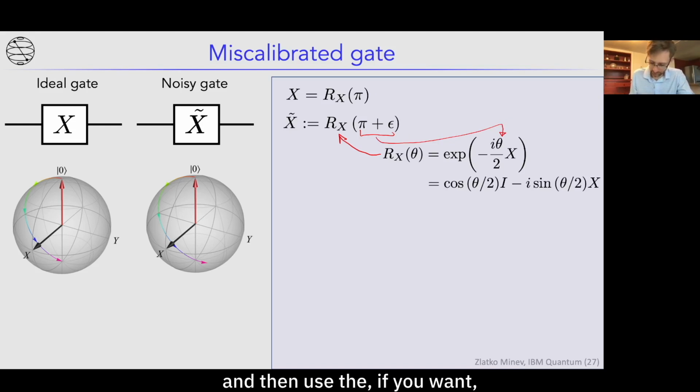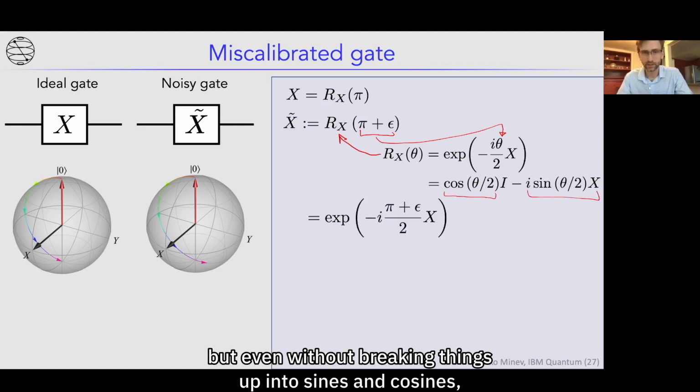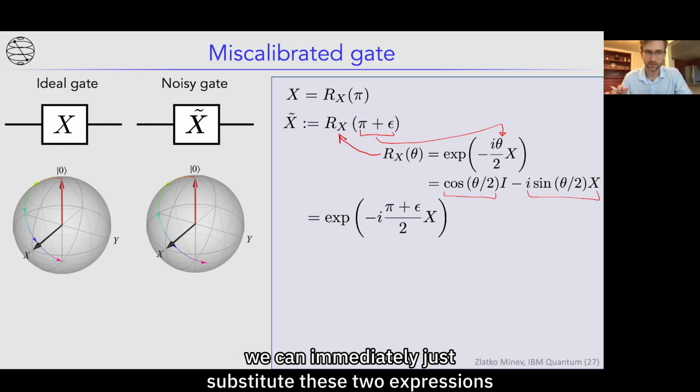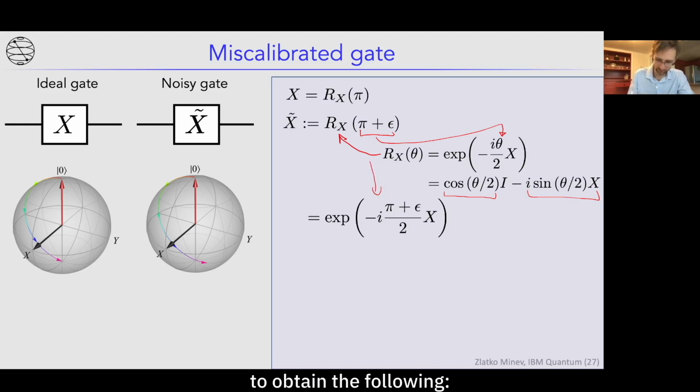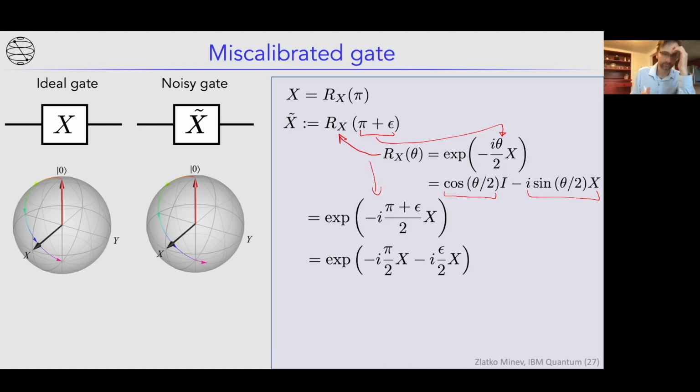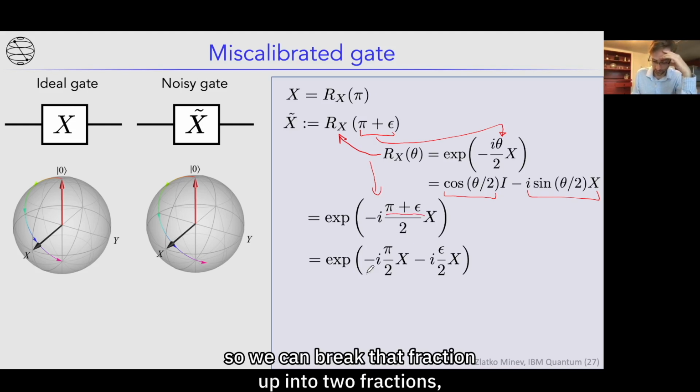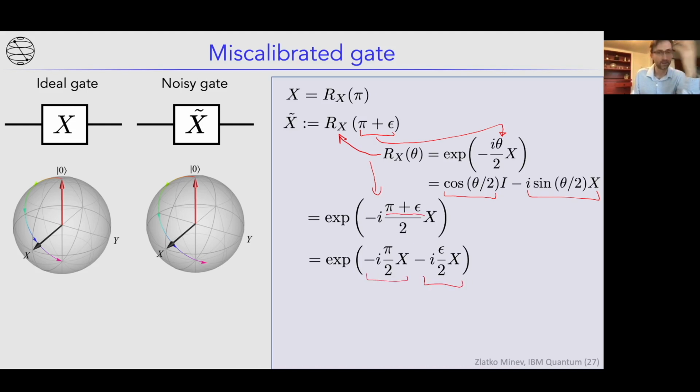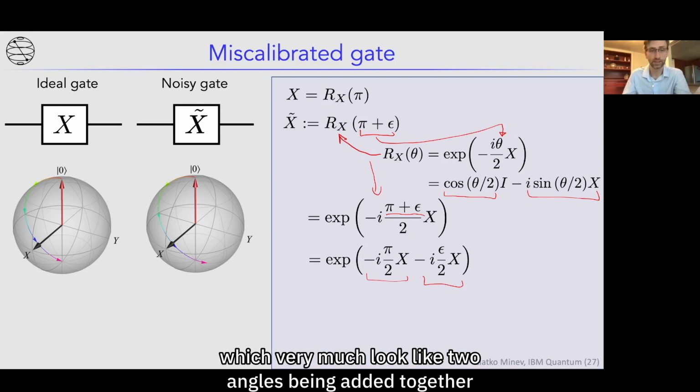and then use, if you want, the expansion into sines and cosines. But even without breaking things up into sines and cosines, we can immediately just substitute these two expressions to obtain the following. Now, inside the argument of the exponential, we simply have numbers getting added, so we can break that fraction up into two fractions, which very much look like two angles being added together.